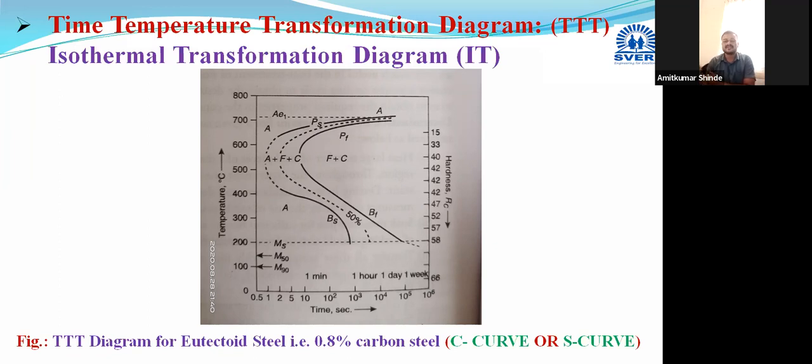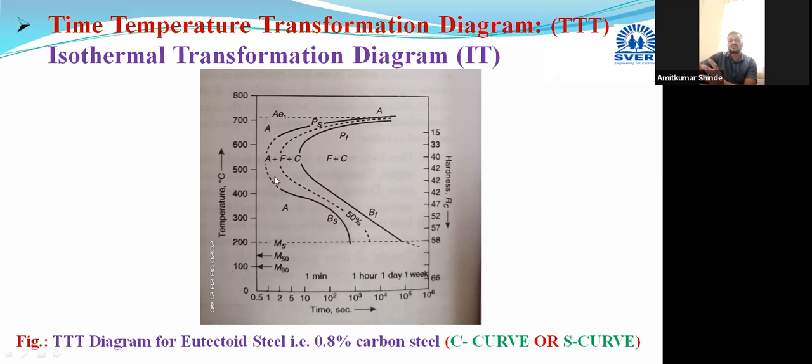And here in the second furnace, the temperature is below A1, in between below A1 and above Ms. I will explain what the Ms temperature is, but here you have to remember that all the samples will be collected in this other furnace. In that furnace the temperature range is below A1 and above Ms temperature, that is the martensite formation start temperature.